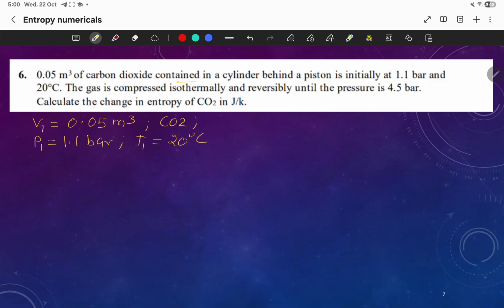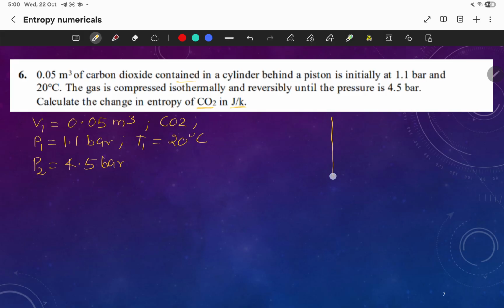The gas is compressed isothermally and reversibly, okay, until the pressure P2 is 4.5 bar. Calculate the change in entropy of CO2 in joule per Kelvin.